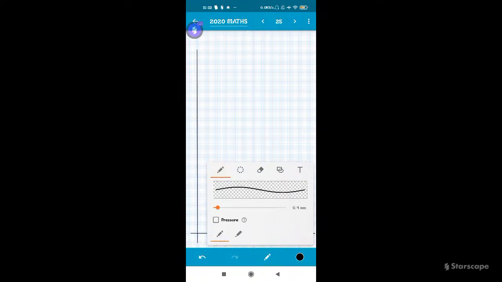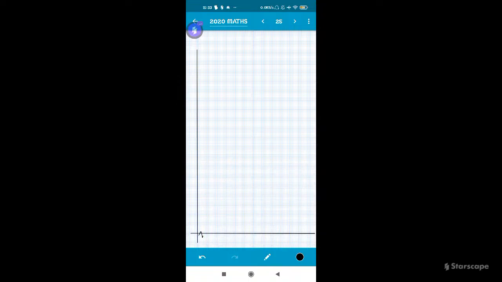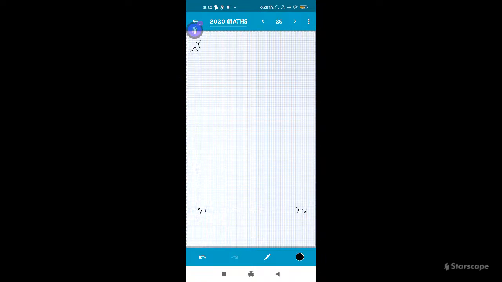Make sure that you're making it in your graph copy or on your graph sheet. So this is the y-axis, and this is 12, 13, 14.